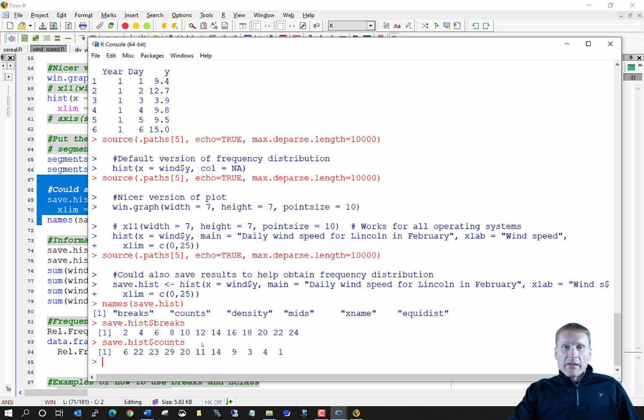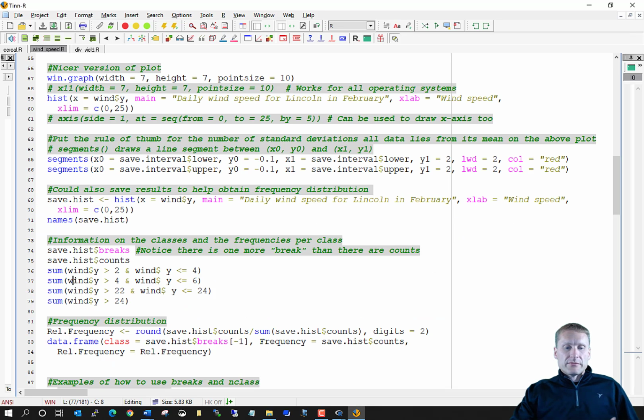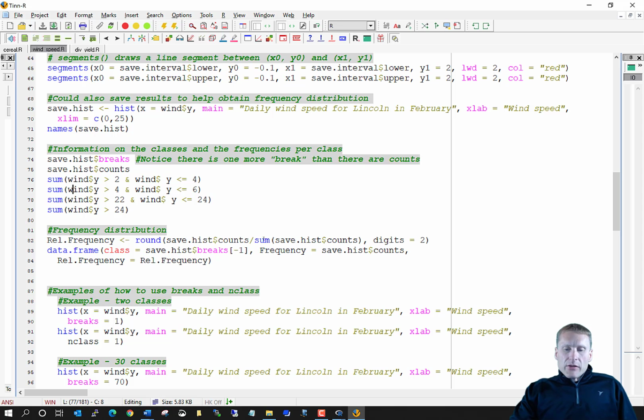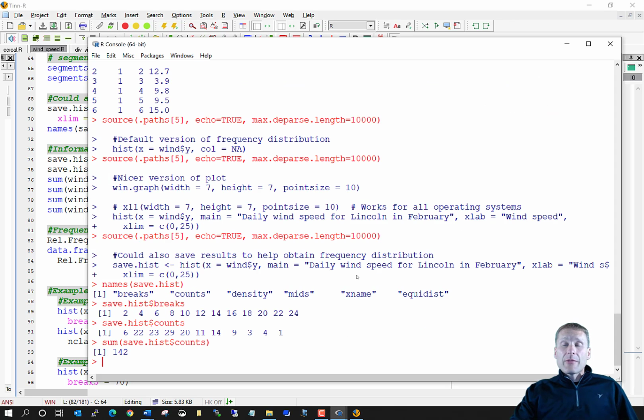Using this information, we could actually create essentially a table, but it's going to be in a data frame that contains the frequency distribution. Let's take a look at how to do that. save.hist$counts contains all these frequencies, and if I were to sum them up, what I will get is the sample size of 142.